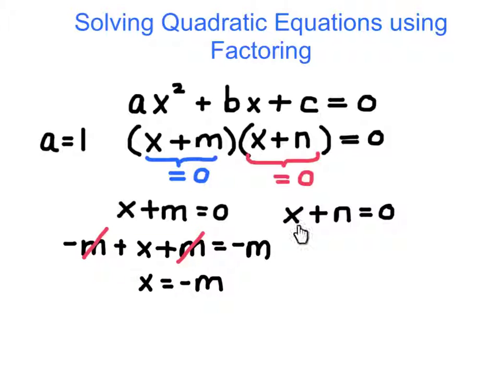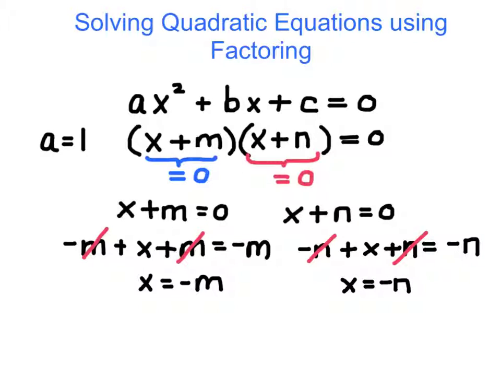When we look at x plus n equal to 0, and we want to solve for x, we add a negative n to both sides of the equation to keep it balanced. A negative n plus a positive n cancel out, and we end up with x equals negative n.